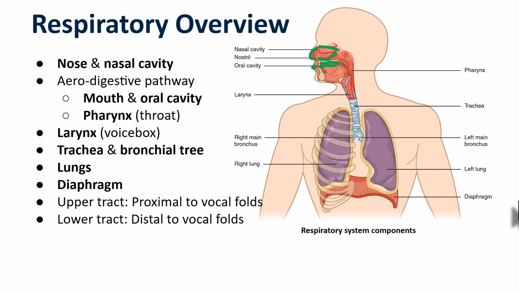The mouth and oral cavity are part of an aerodigestive pathway, meaning these regions are held in common function between the respiratory and digestive systems. As we move posteriorly, we'll see that there is a region that we will call the pharynx that connects the oral and nasal cavities. That pharynx, or colloquially the throat, is also part of this aerodigestive pathway.